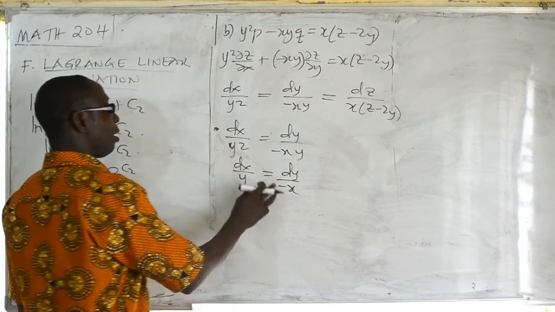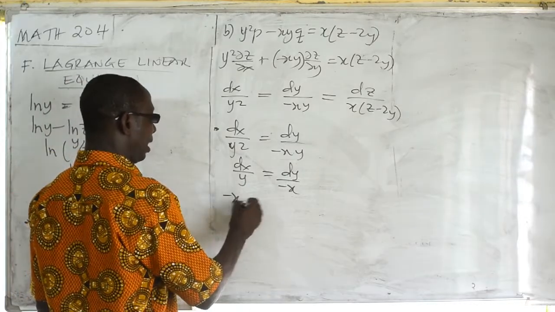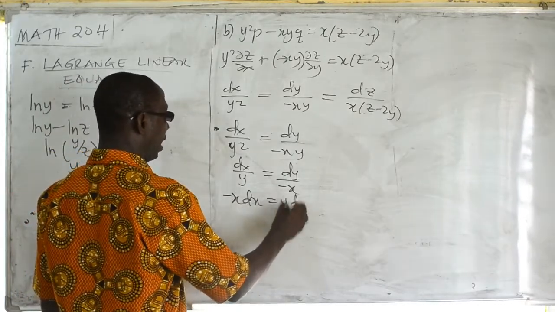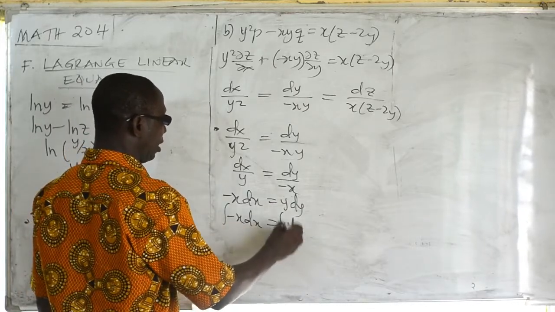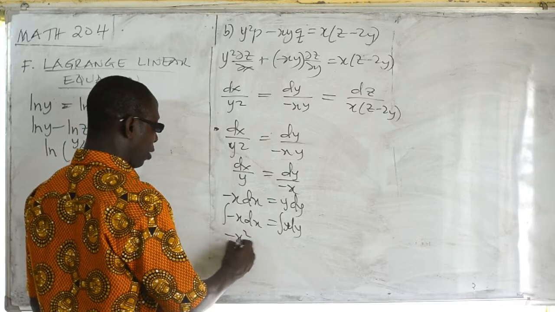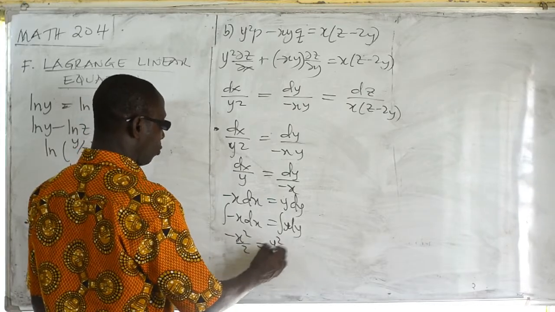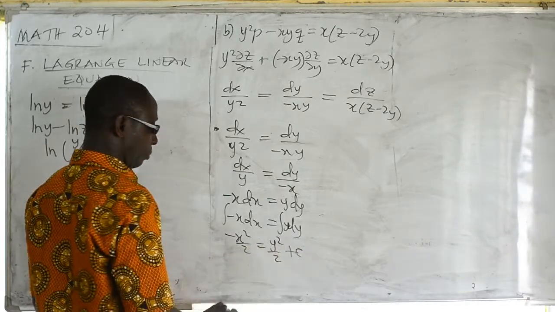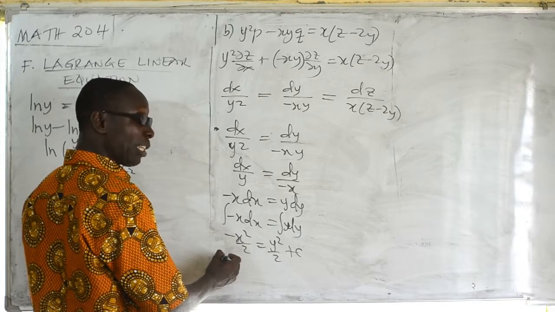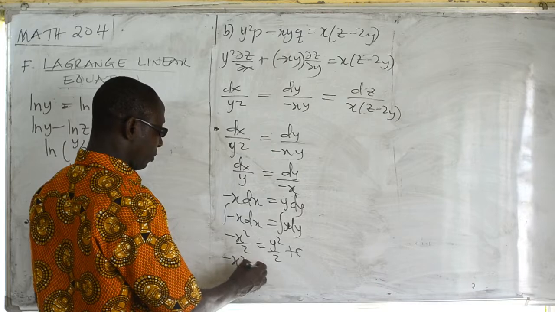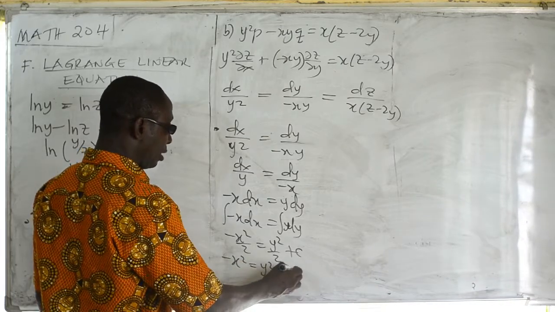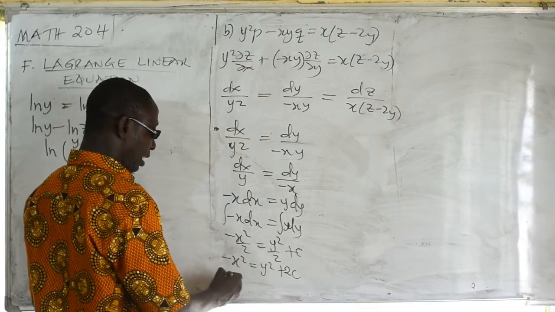So here, grouping the x, minus x dx is equal to y dy. Integrating, the integral of minus x dx is equal to the integral of y dy. So this is minus x squared over 2 equals y squared over 2 plus c. So I multiply through by 2. Minus x squared equals y squared plus 2c. I bring this to the side.